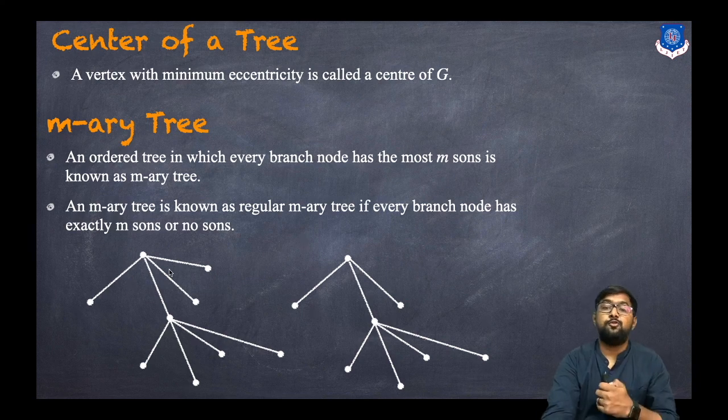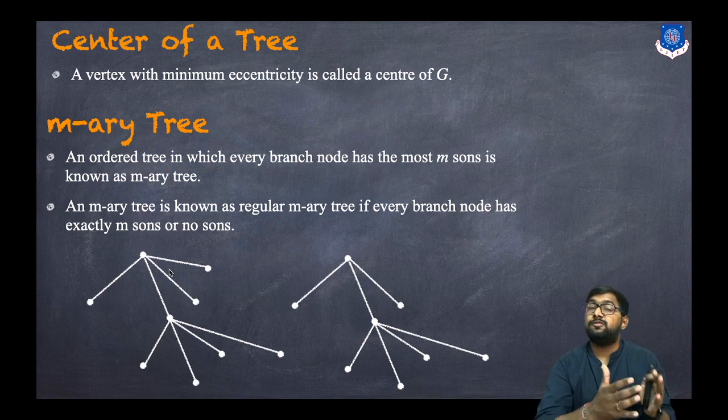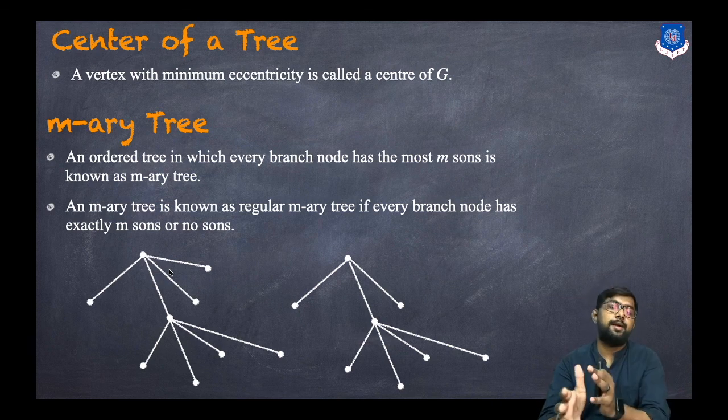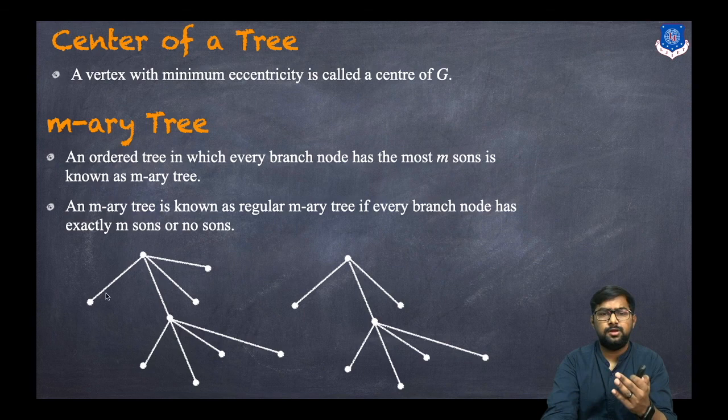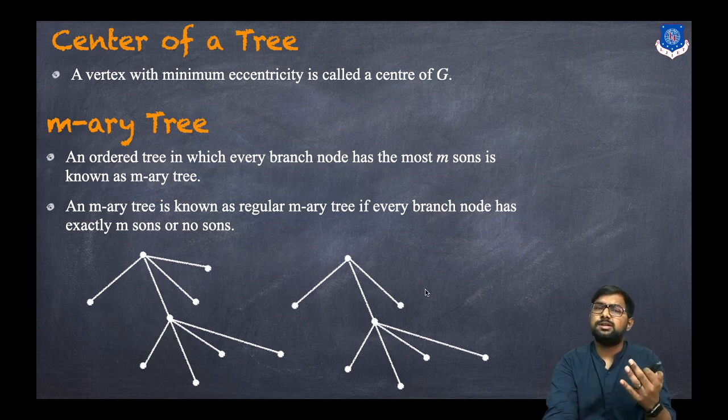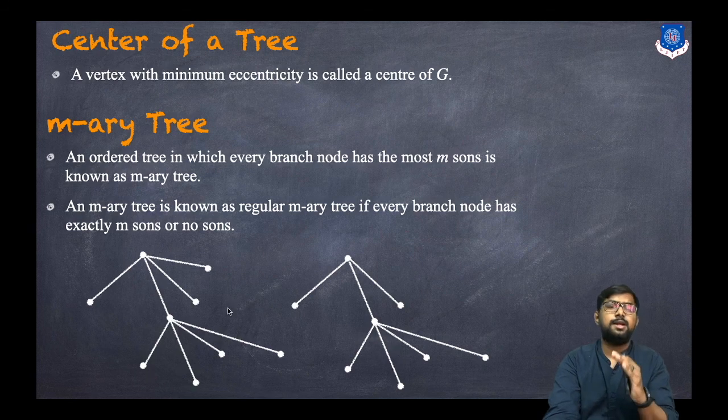So the first figure is the case of a regular 4-ary tree, because we have exactly 4 sons. And here we have 3 sons and 4 sons, and the most is 4. So it is a 4-ary tree, and the first one is a regular 4-ary tree.